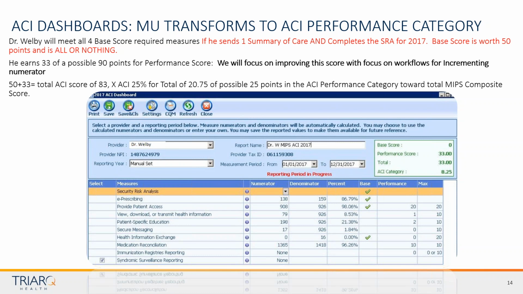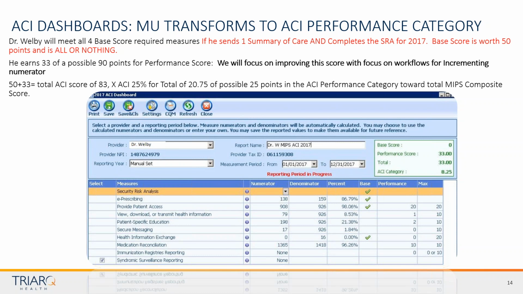Once I've said yes to the numerator and sent one health information exchange, that base score up in the top little box that says base score, performance score, total, will turn to 50. As soon as I meet those 4 base score measures, that base score is going to turn to 50. Then I can start looking at my performance score.